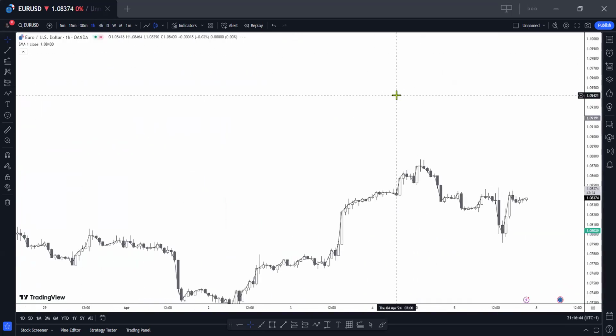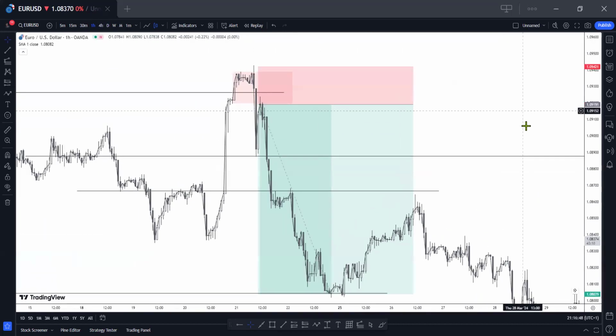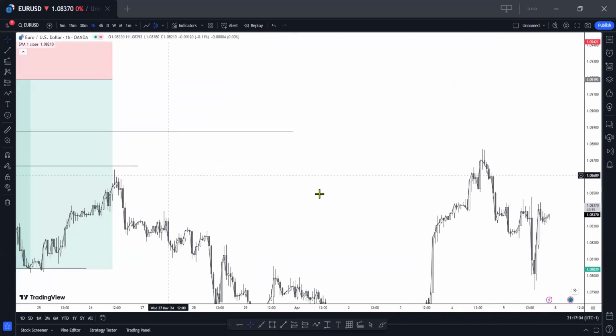Let's see H1, for example. H1 is a good example actually. You see breakout, breakout, first breakout, second breakout, we test, and then we sell.